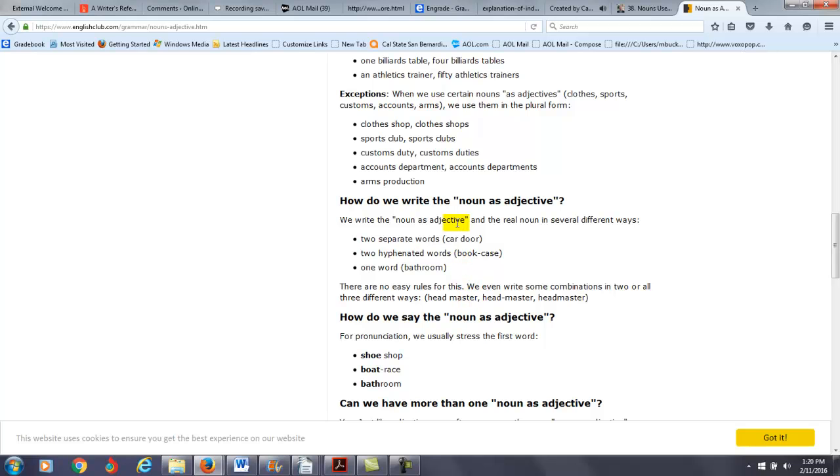If you're not exactly sure, sometimes your spell check will help. If you see that two words are together like car door, and it underlines that in red, and then you put a space there, then the computer is recognizing the two nouns as separate words, but not as one word. So you also have to pay attention to your spell checker for those things.